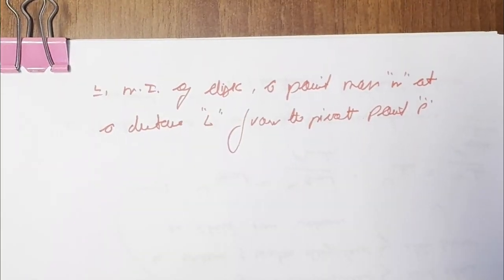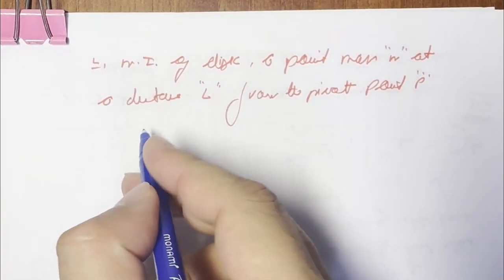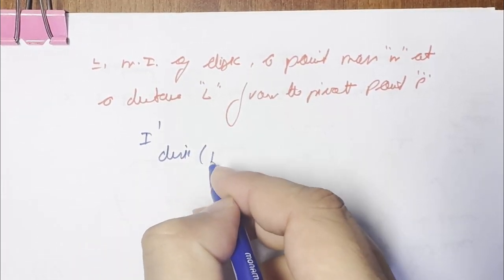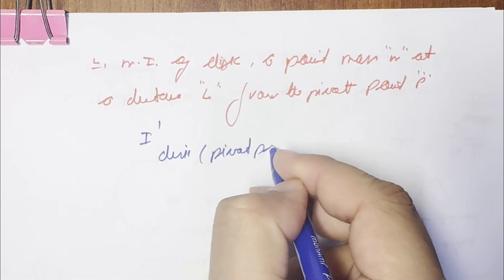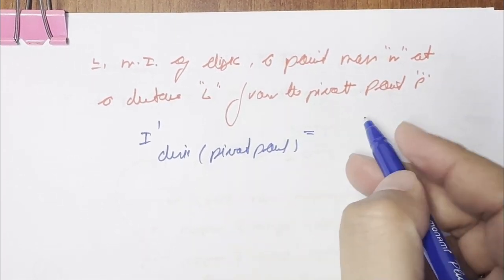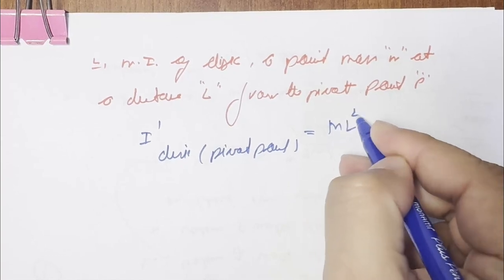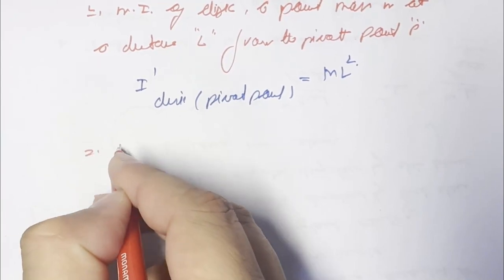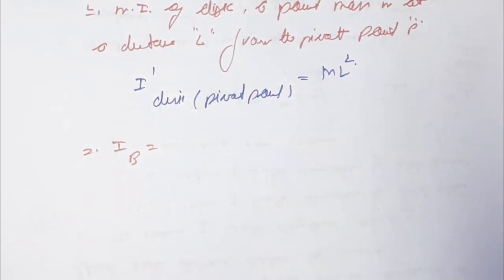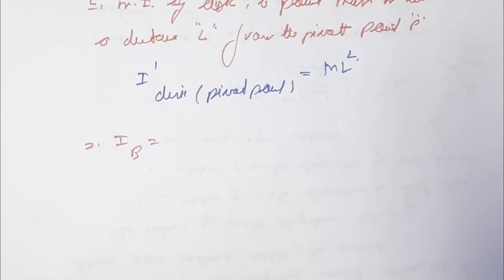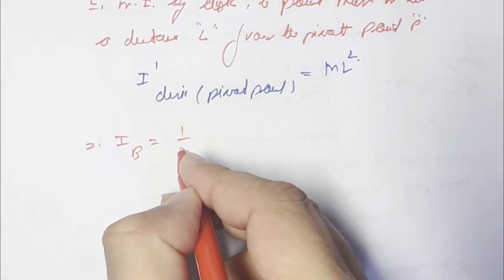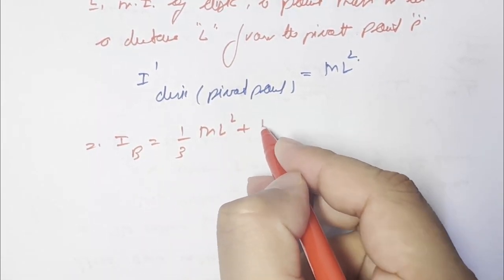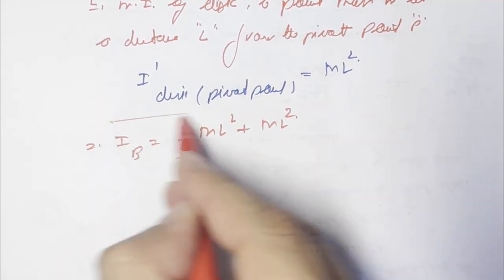So therefore we can write I prime disc about the pivot point will be equal to m l square. Therefore we can write that the total moment of inertia IB for case 2 will be equal to 1 by 3 m l square plus m l square.